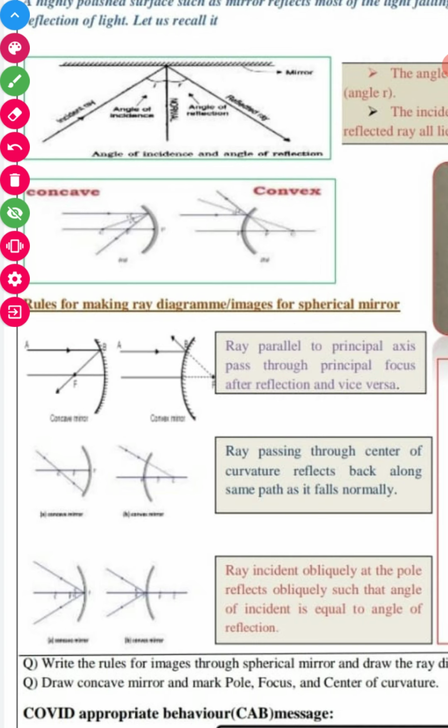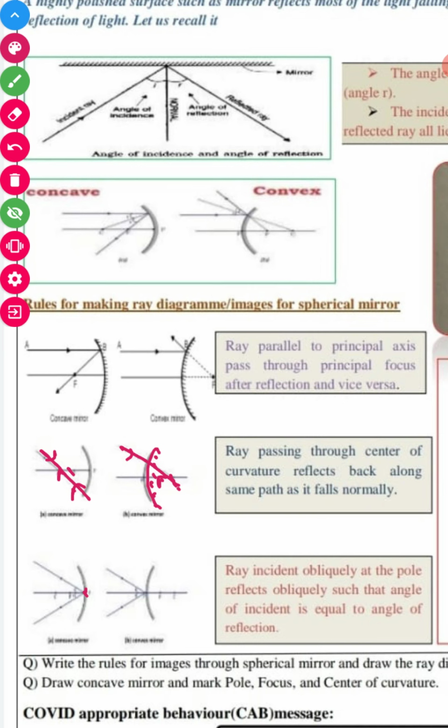Next, the ray passing through the center of curvature reflects back along the same path. See, this is the center of curvature. If light passes through the center of curvature, it moves back through the same center of curvature. In the case of the convex mirror, if a line passes through this center of curvature, it moves backward along the same line. Third, the ray incident obliquely at the pole reflects obliquely.